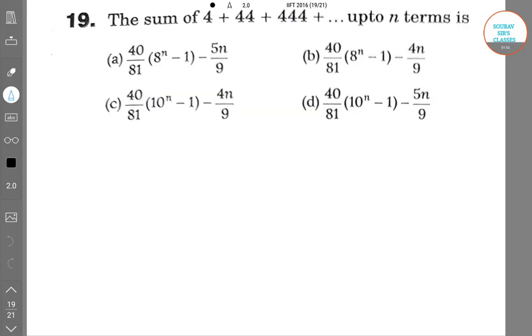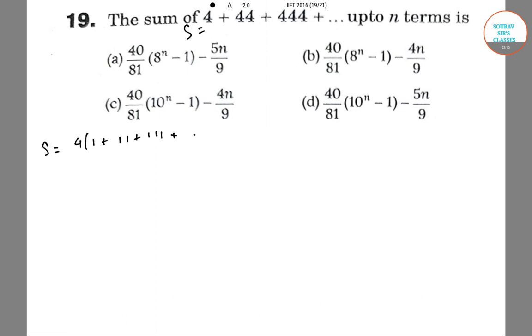The next question is, the sum of 4 plus 44 plus 444 up to n terms is, let this be S. So S is equal to 4 into 1 plus 11 plus 111 up to n terms.